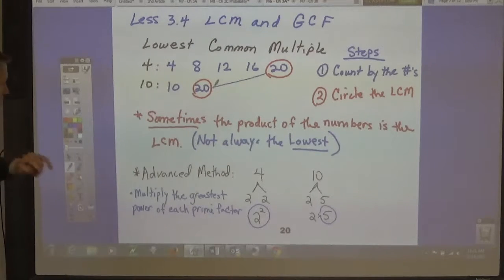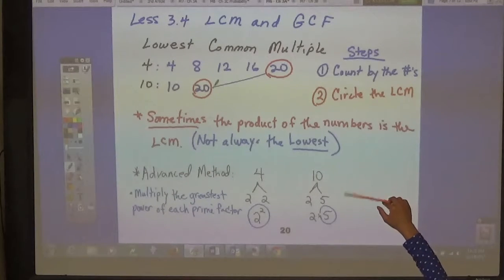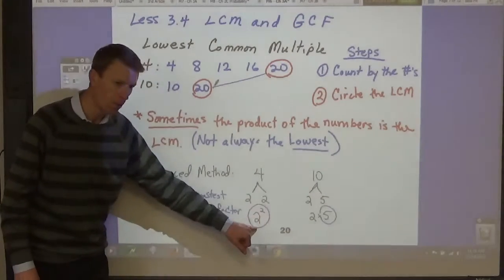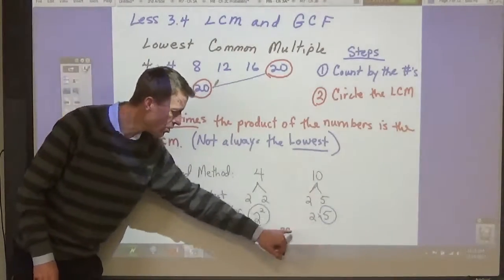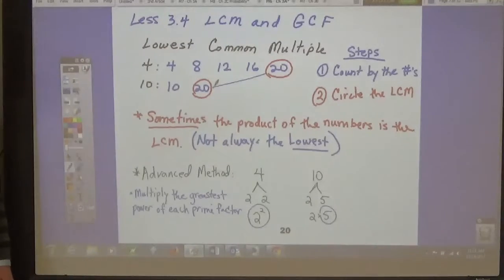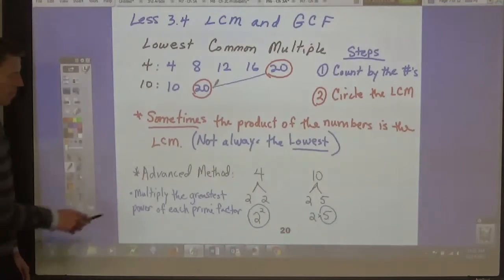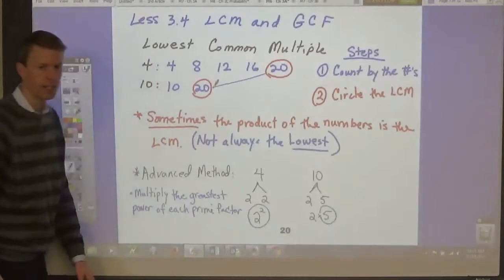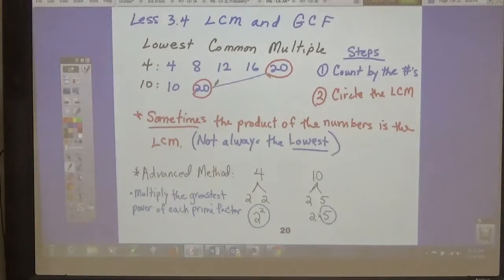Okay? There's also an advanced method to find the lowest common multiple. It's to find the prime factorization of each number, then multiply the greatest power of each of the prime factors.